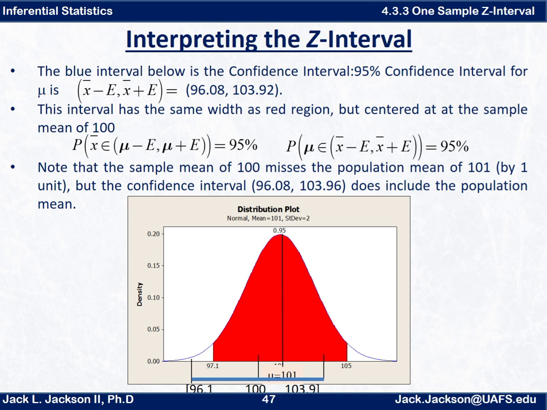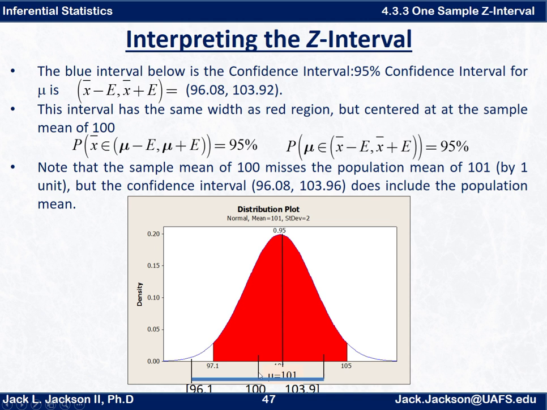And then we have this interval of width E centered at the true mean of 101, going from about 97.1 to 105. The confidence interval, this blue interval down here, has the same width as this red region, but it's not centered in the same place. It's centered at 100, and we go E to the right to 103.9, and to the left to 96.1. And notice in this case, the true mean is right here. It actually is in the interval.